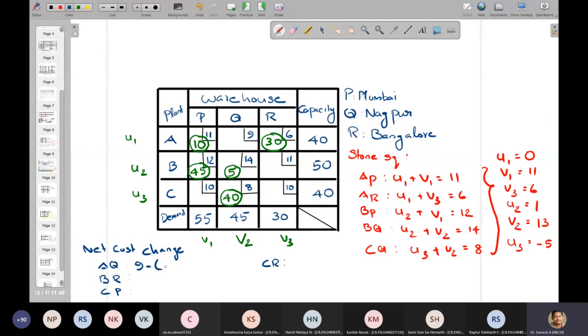BR will be 11 minus (U2 plus V3). CP will be 10 minus (U3 plus V1), and CR will be 10 minus (U3 plus V3). Get me the values.